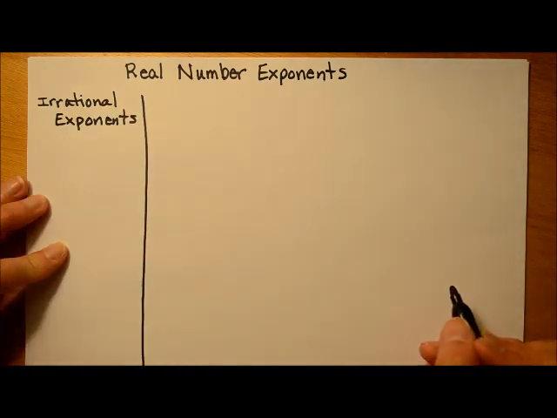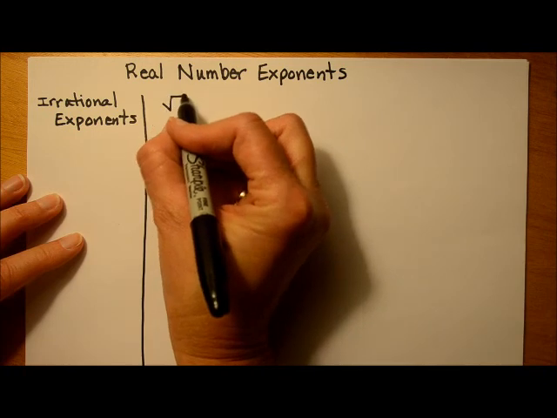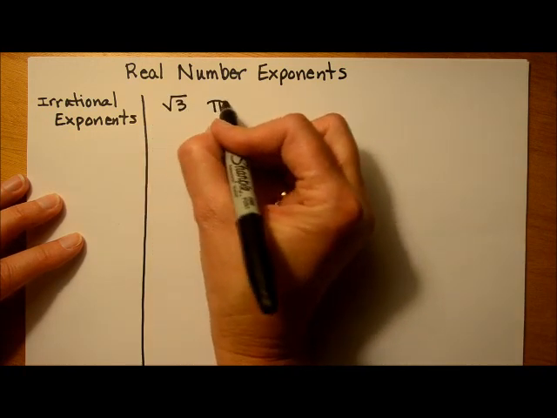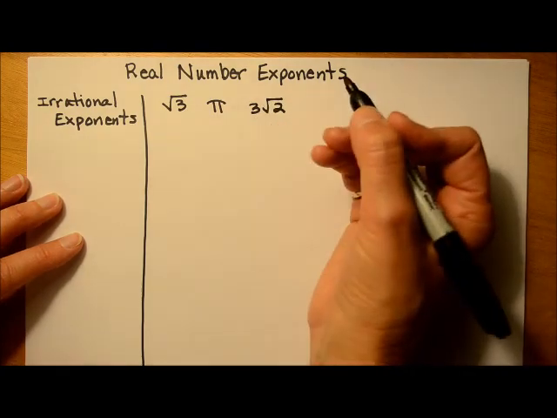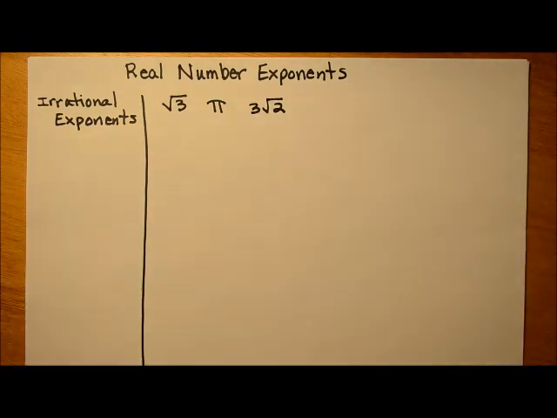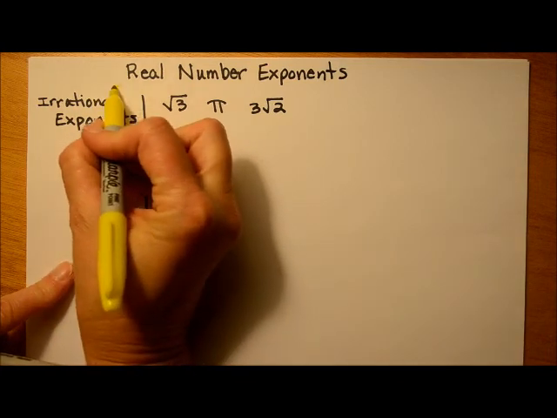Irrational exponents would be such as square root 3, pi, 3 square root 2, anything like that. Those are all irrational numbers, and those are the exponents that we're going to be looking at today.